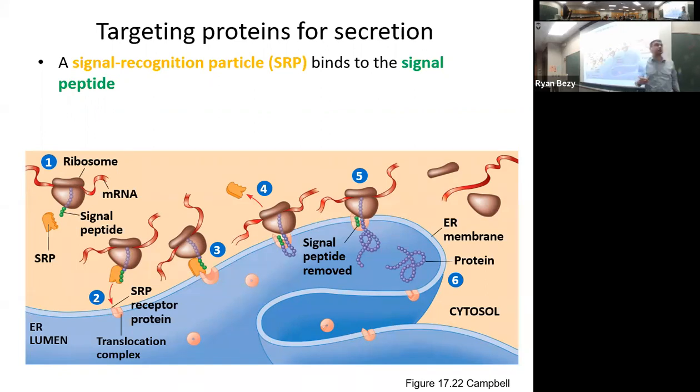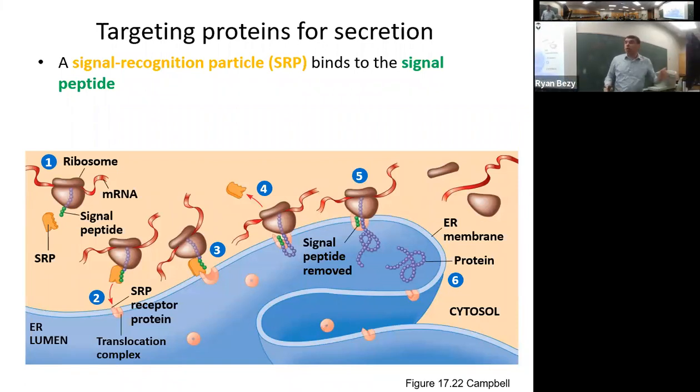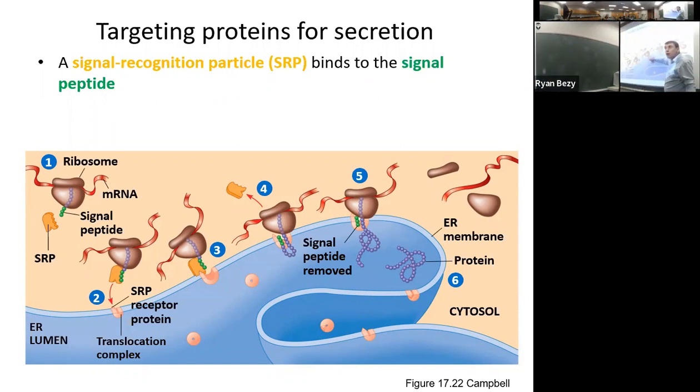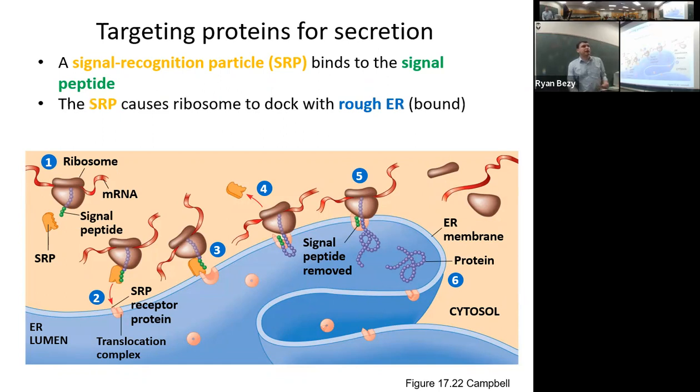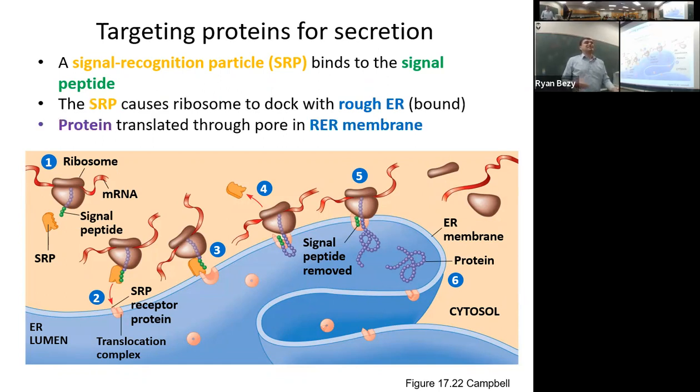It binds onto the surface of the rough ER, and the protein is made through a pore in the rough ER into the interior of the rough ER. So it makes it inside of that particular organelle. The SRP causes the ribosome to dock with the rough ER, becomes a bound ribosome, and then the protein is synthesized through a pore in the rough ER, and it ends up inside the rough ER.